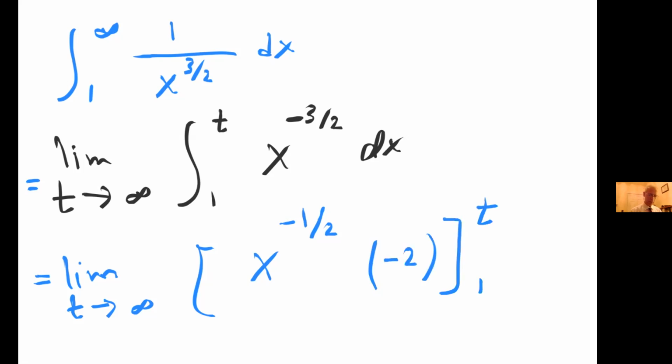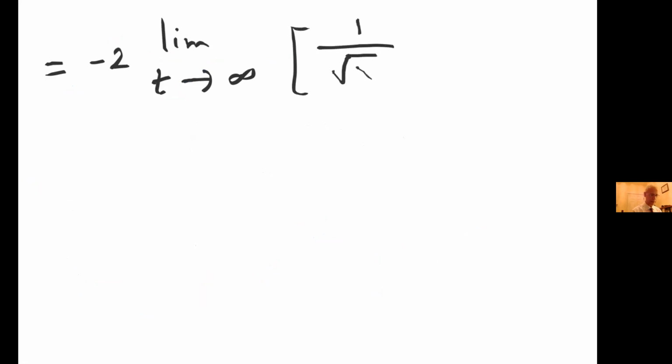And now I'm going to take the constant negative 2 out. So this equals negative 2 limit as t is approaching infinity, and x to the negative 1/2 is 1 over square root of x from 1 to t.